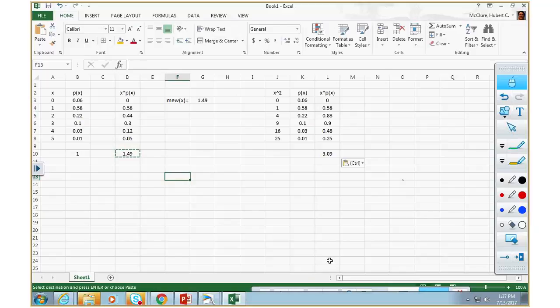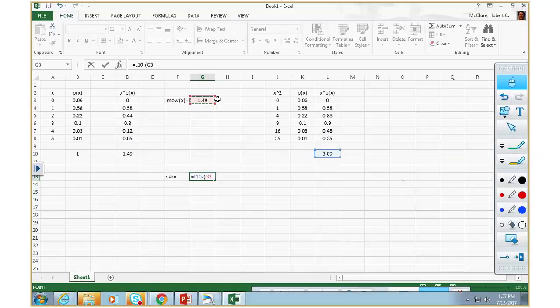Standard deviation is equal to, well, let's go with variance. Variance is equal to this guy minus, parentheses, this guy what? Squared, Hubert. That's right, class.